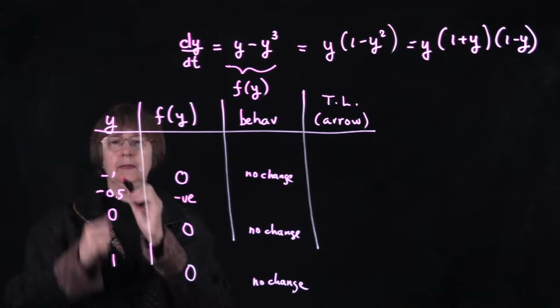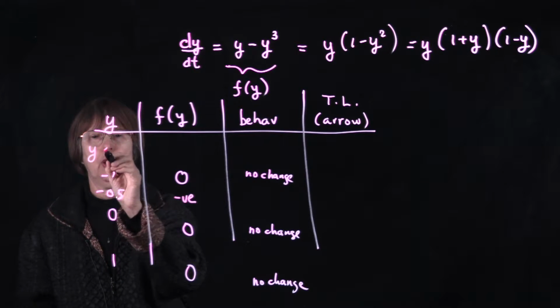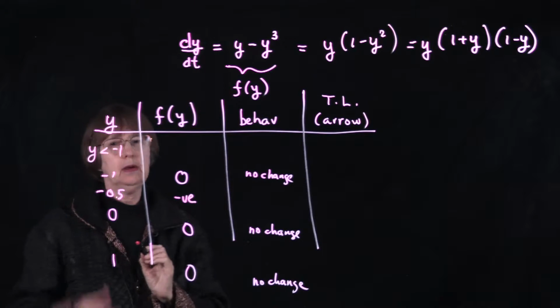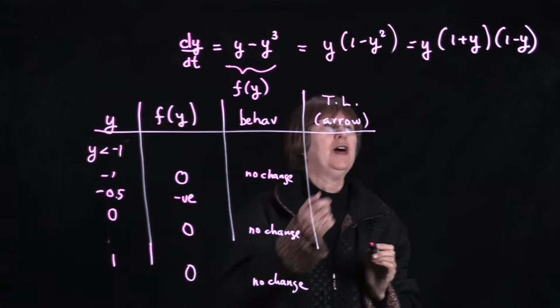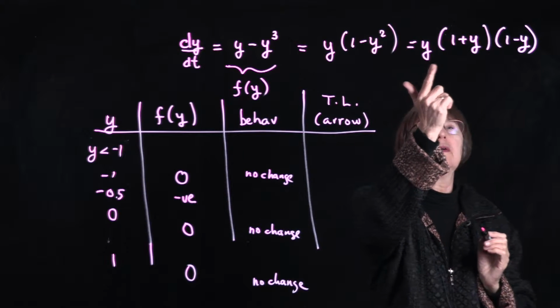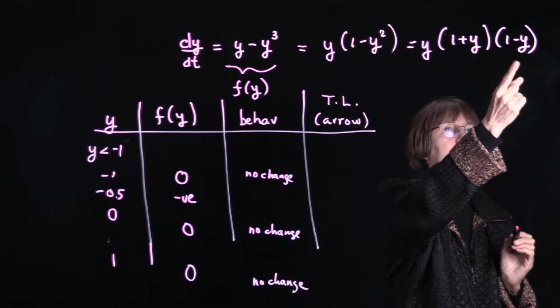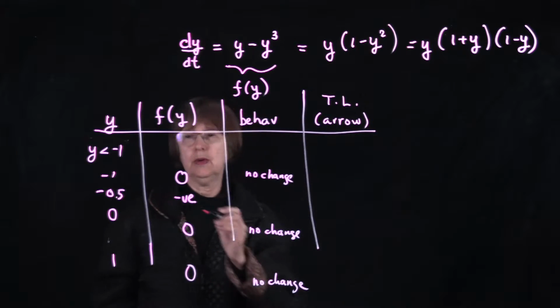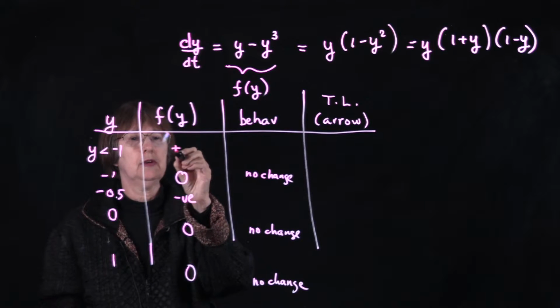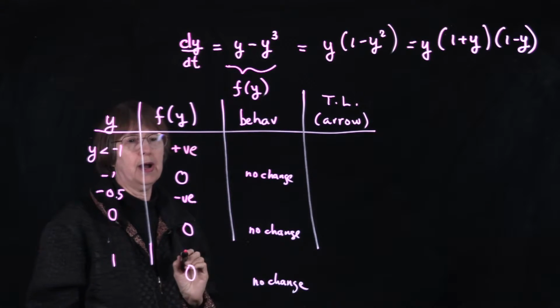On the other hand, if we plug in a value of y which is less than negative 1, for example, you might want to plug in minus 2 to try this out, then we find a negative here, and a positive here. Two negatives, when multiplied, create a positive value, and so here we get a positive value for f of y.